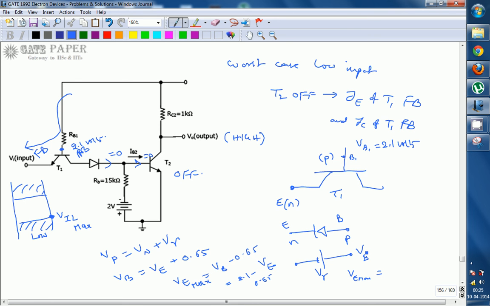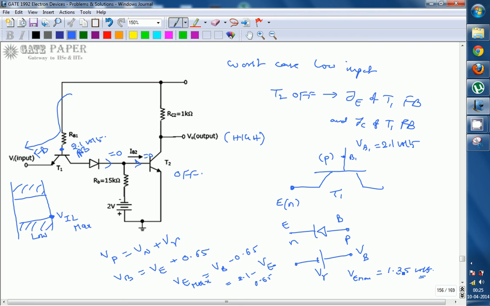How much is given? Cut-in voltage is 0.65. So 2.1 minus 0.65 is 1.35 volts. So this is the worst case. Low input is nothing but you can apply 1.35 volts across the N side, such that we can ensure that the emitter base junction is always forward bias.